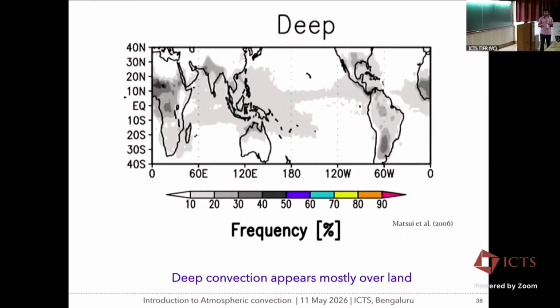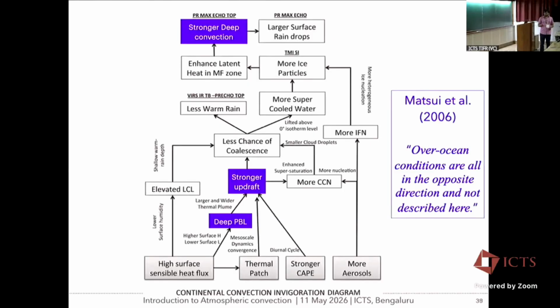And for this, what they suggested is kind of a decision tree, or explanation tree rather. I have highlighted this deep planetary boundary layer and stronger updraft and stronger deep convection. You can read through all the different terms in more detail, and there is some microphysics as well.